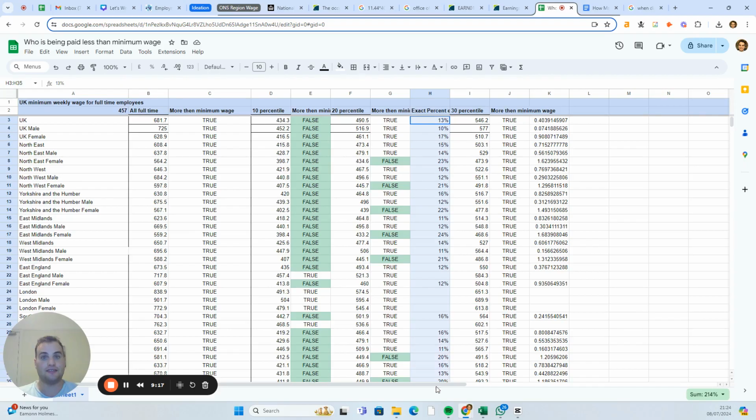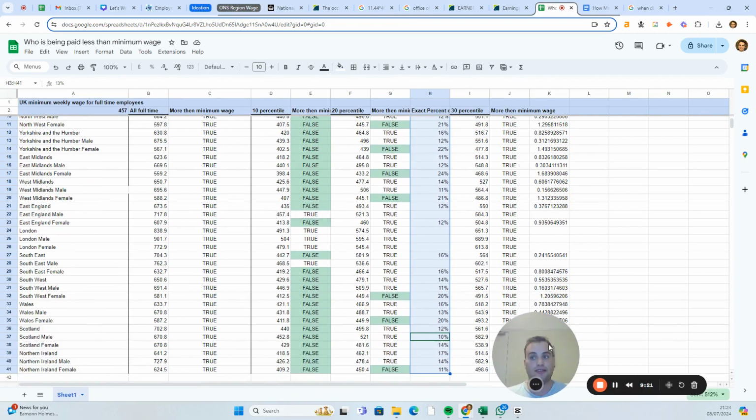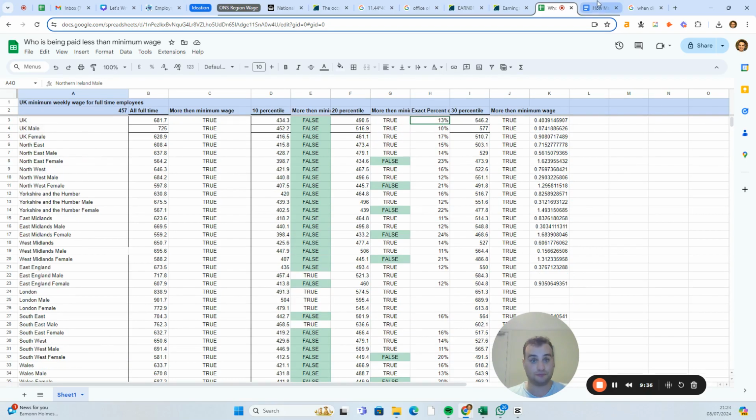So this is the percentage of people who, based on these different regions and gender demographics, would need a pay rise when the April 2024 minimum wage kicked in in order to be in line with minimum wage.